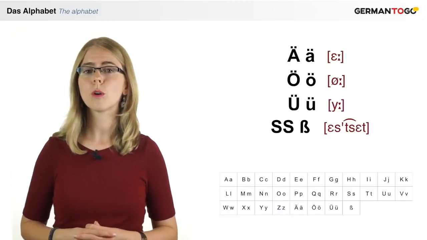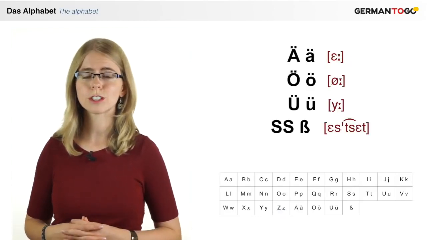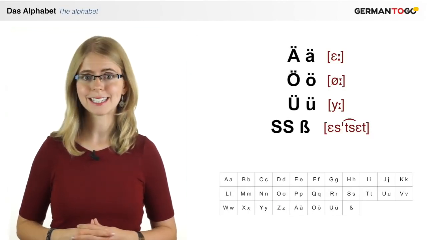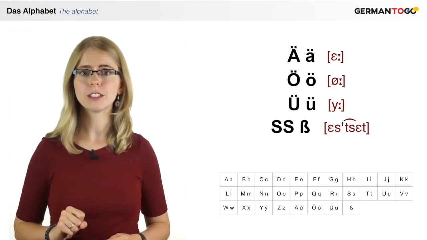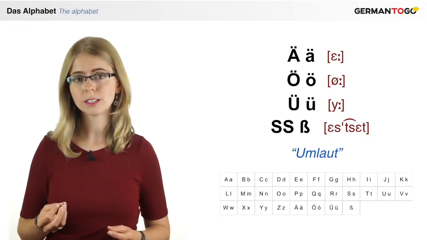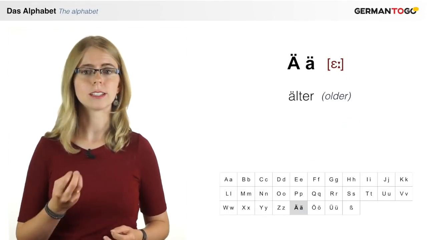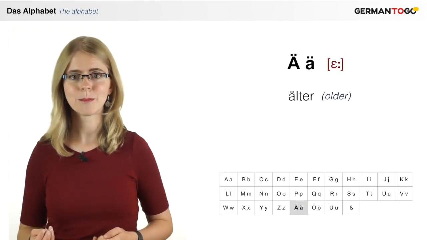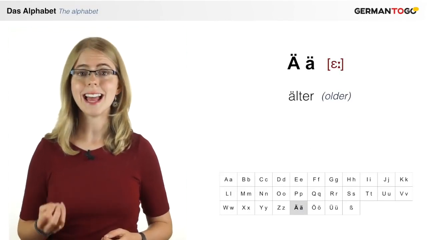And then we have 4 other more special letters which are called Ä, Ö, Ü and SZ. The 2 dots above the letters are called Umlaut. So an A umlaut is an Ä. Not A, but Ä, as in älter.